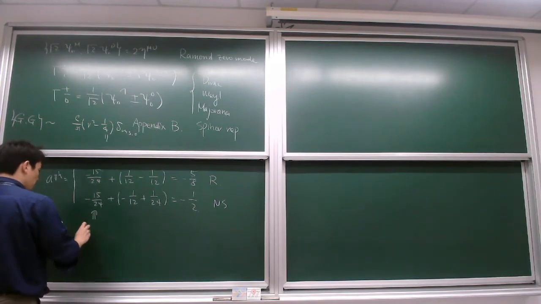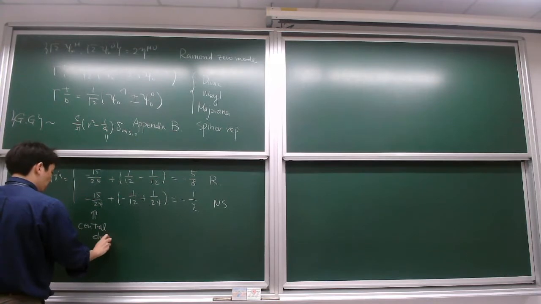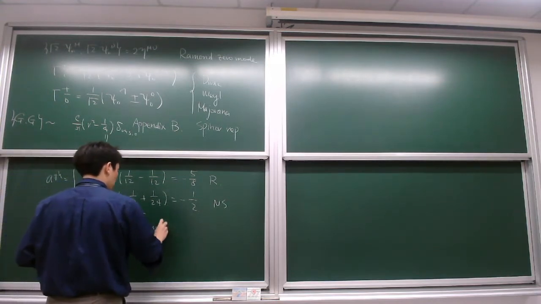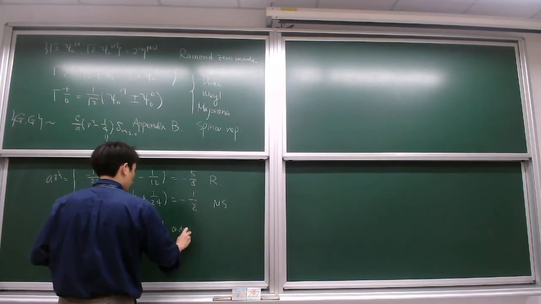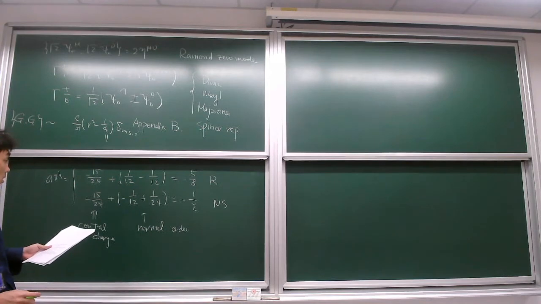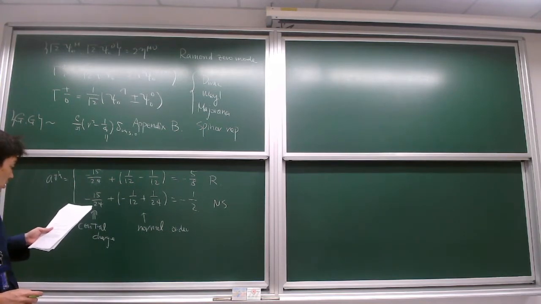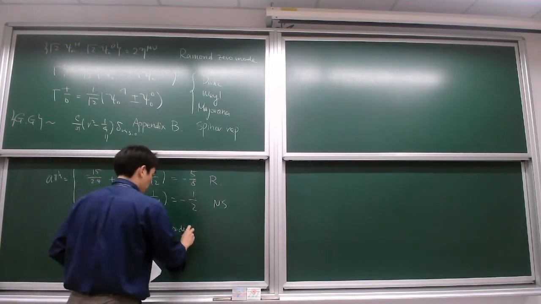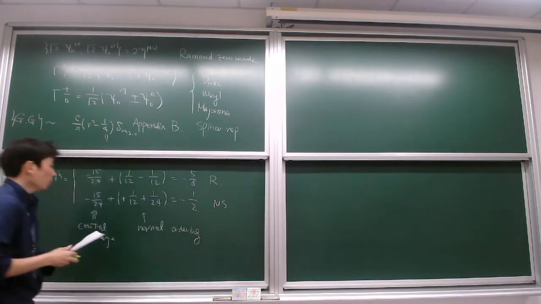This one is coming from the central charge. And this one comes from normal ordering. Oh, this one plus here. This one plus. Okay. Ordering. Okay, good.